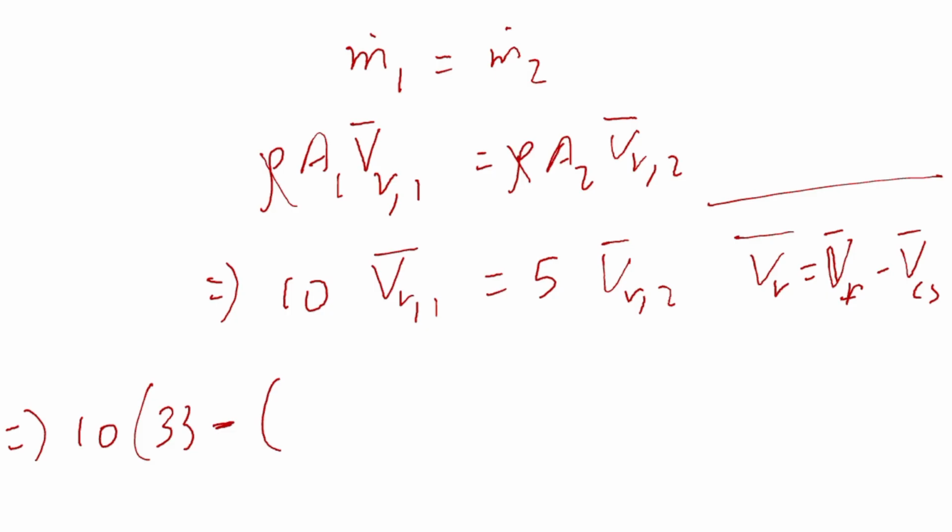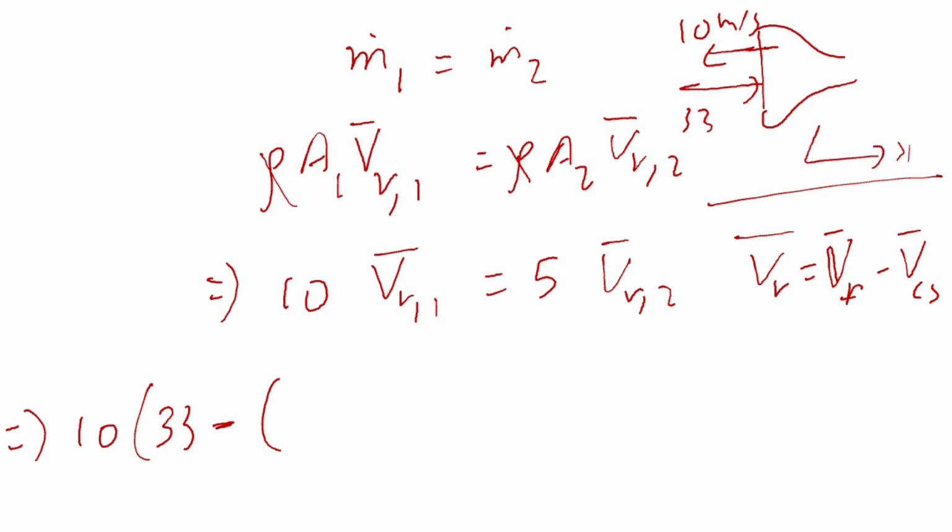So you have 33 in this direction, and this control volume is moving with 10 meters per second. If this is the positive x direction, 33 is in the positive direction, but 10 is in the negative. So this is 33 minus minus 10, equal to 5 times the relative velocity over here.